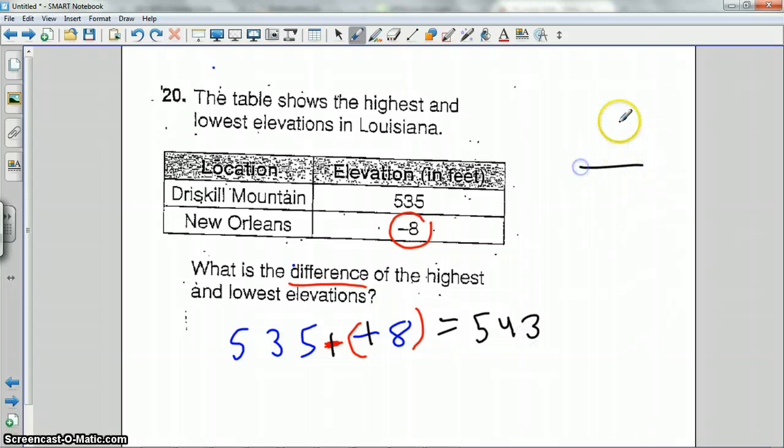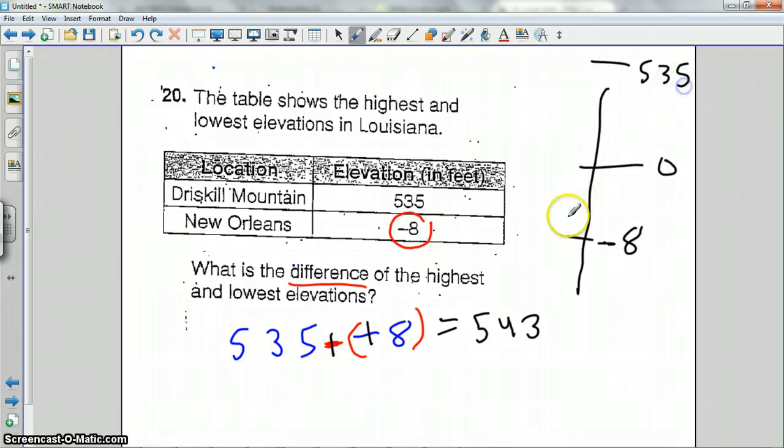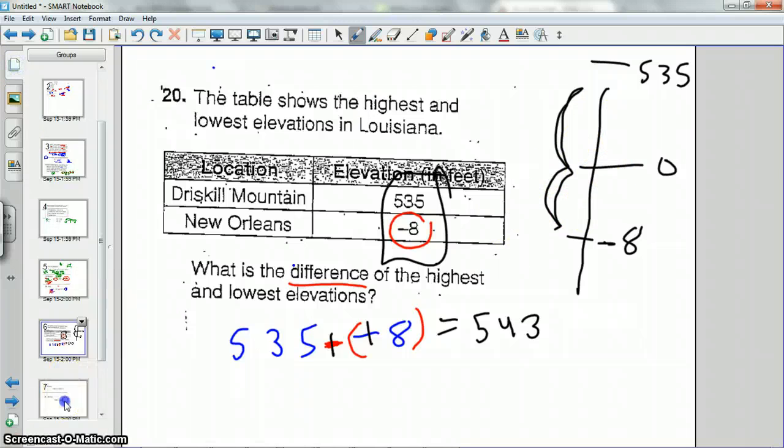And if you think about it in terms of a number line, sorry, that's crooked. There's 0 here, negative 8's here, negative 535 is way up here somewhere. Well, we're going to have to go up 8 and then up 535 more, so we're going to end up adding. So just try to visualize these if nothing else. If you don't get it this way, just draw a line of some sketch, and you can probably get those right if you'll do that.